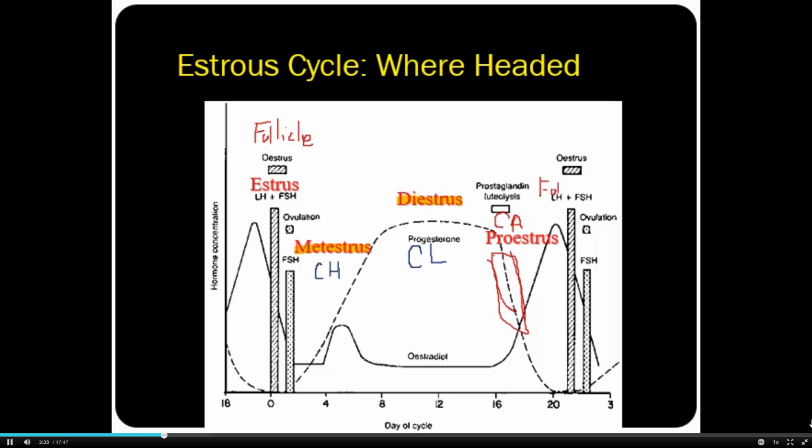So get used to thinking about what structures are actually on the ovary during the different stages of the estrous cycle. So 4 stages of the estrous cycle. Estrus and proestrus represent the follicular phase. Metestrus and diestrus represent the luteal phase. So that's where we're headed. That is a mature cycling female.